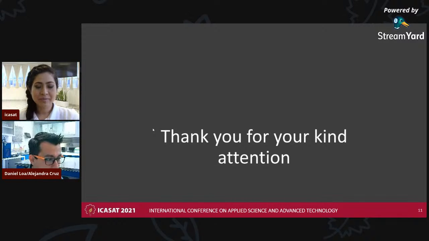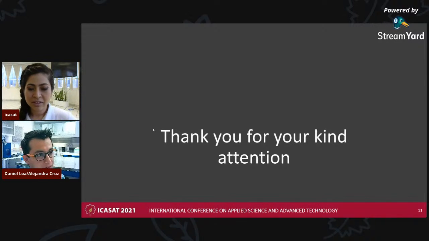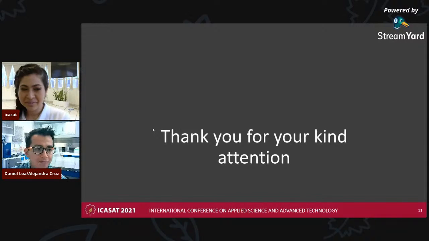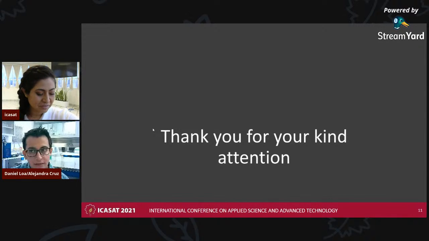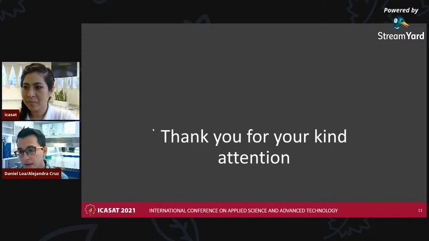Well, the most difficult was maybe the characterization of particles, because the samples that we obtain have a high concentration of cell debris, and cleaning these samples is very difficult.